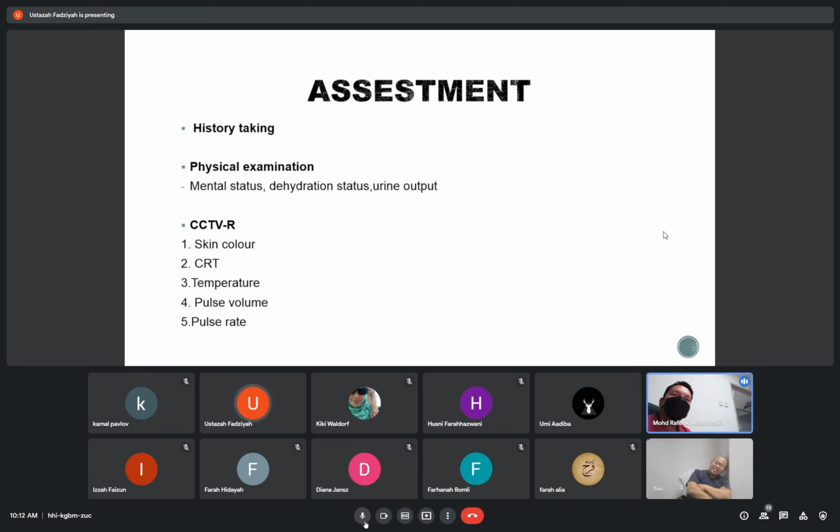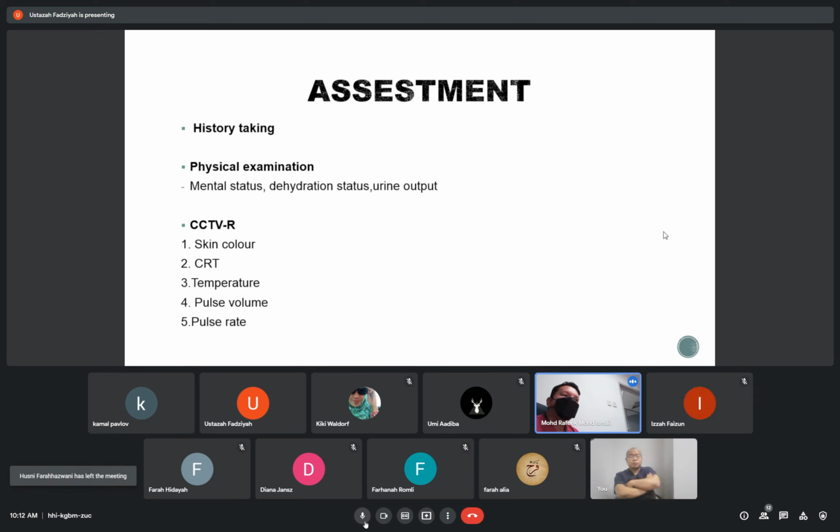If class 3 and above. How about class 2? Class 2, okay, it depends. If it's a trauma patient and class 2, you can already consider giving blood.